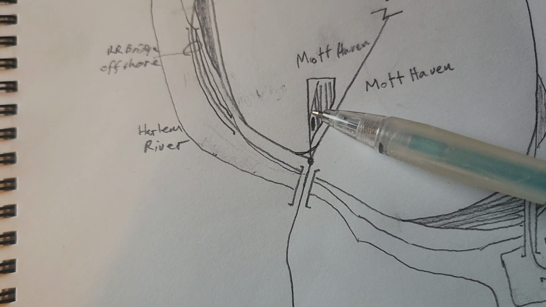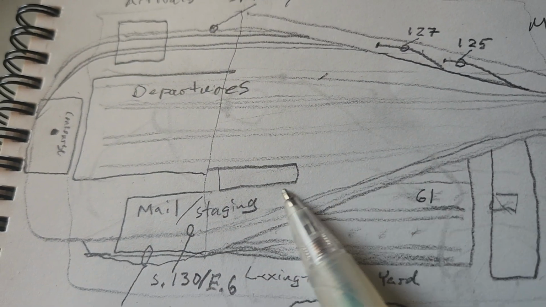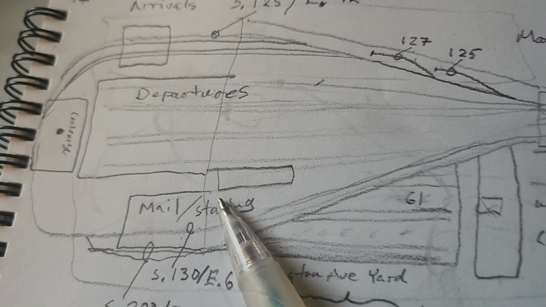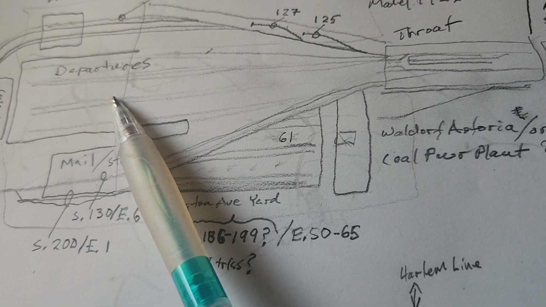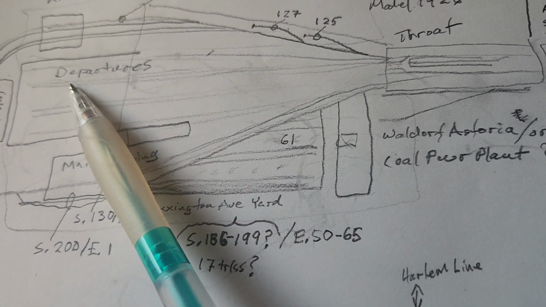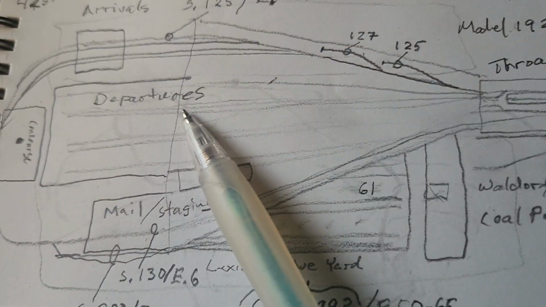And then once they were provisioned, they'd either be stored at Mott Haven or they'd be brought back down here to where there was a staging area here, and then they could pull out into the tunnel and then back down into the departures area, or just come straight back to the departures area.